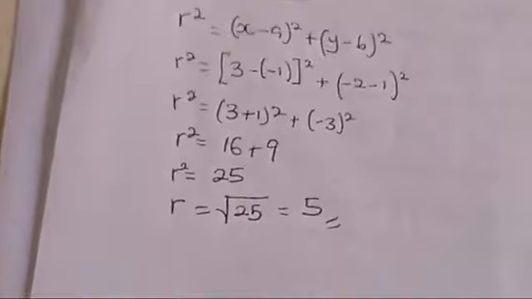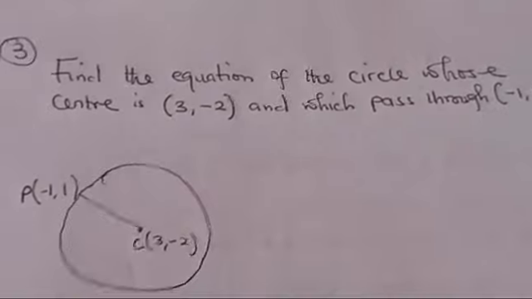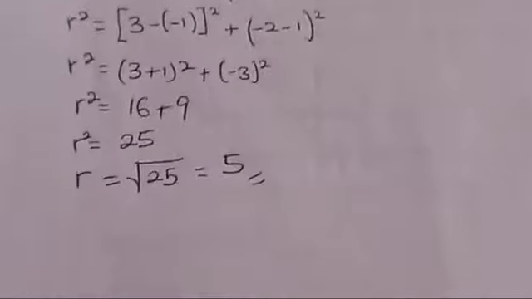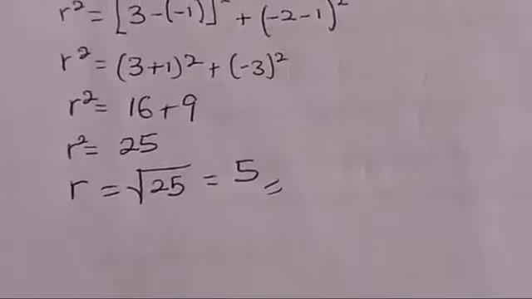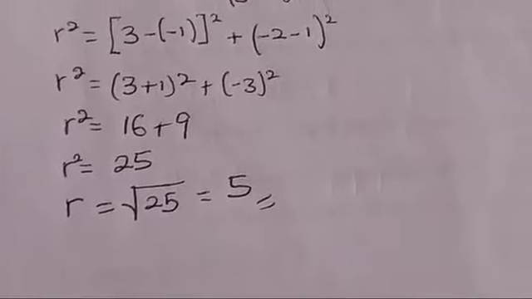So 5 is the radius of this circle with center 3, -2. Having found the radius of that particular circle, we can now proceed to finding the equation of the circle.